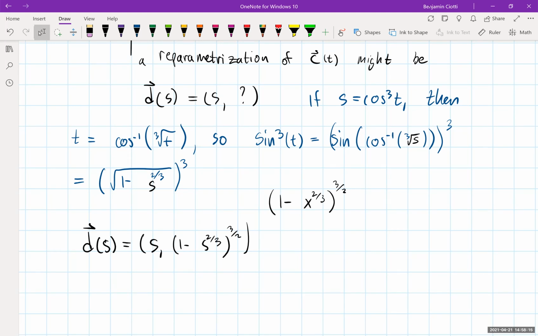Yes, you're right. And after doing the integral of the equation that you just came up with, we should get the arc length, but with respect to s instead of t, and s just goes from 0 to 1.